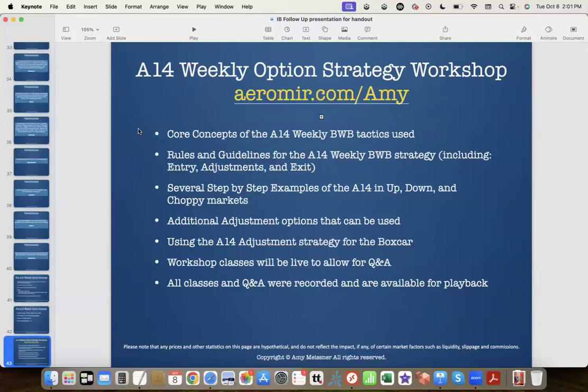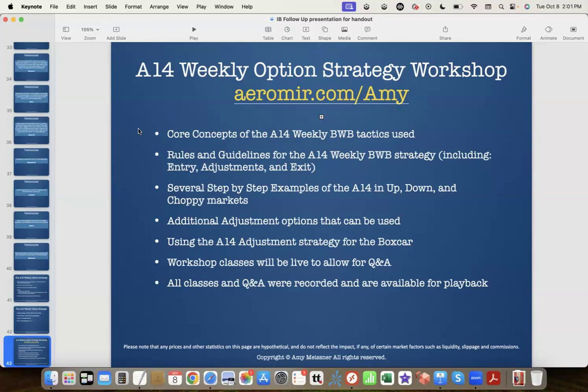What you get with the original workshop is the core concepts of the A14 weekly broken wing butterfly tactics that are used, and rules and guidelines for the strategy itself. That includes entry rules, adjustment rules, and exit rules, so you're not feeling lost about what to do. There are several step-by-step examples in all sorts of markets: up markets, down markets, choppy markets, high vol, low vol.